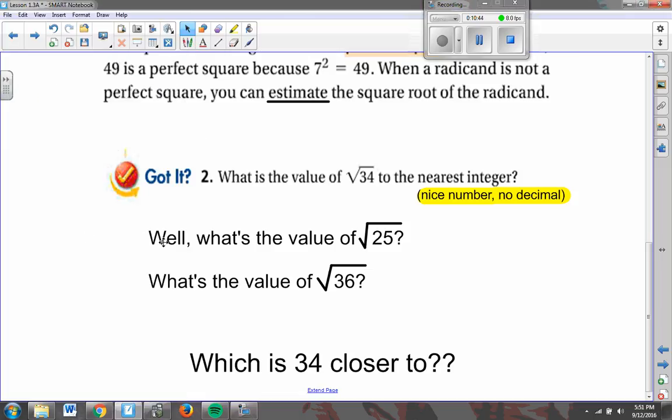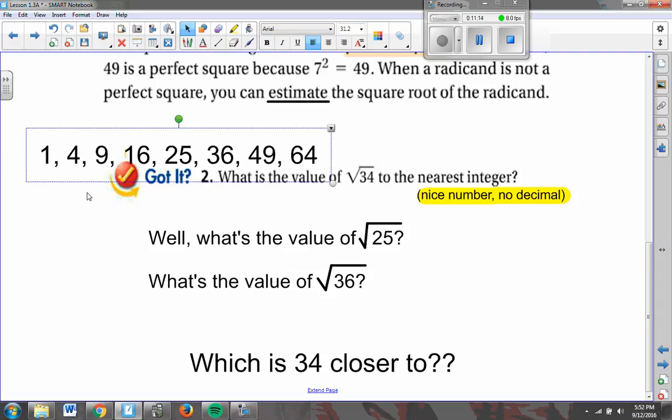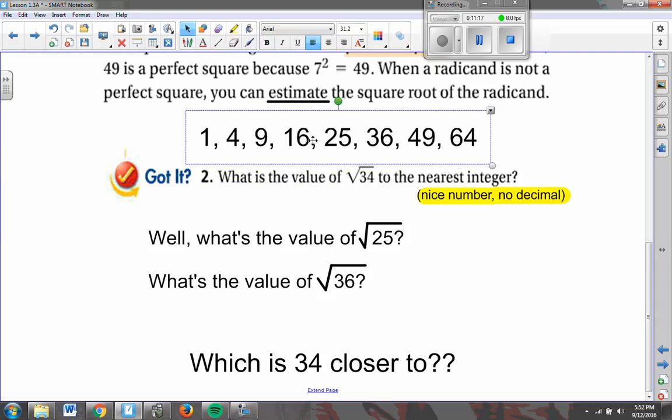But if we think about the perfect square numbers that we know around 34, we can go up the list: 1 squared is 1, 2 times 2 is 4, 3 times 3 is 9, 4 squared is 16, 5 squared is 25, 6 squared is 36, 7 squared is 49, 8 squared is 64, and so on. We end up with this list of perfect square numbers where we know the nice number answer when we take those square roots.